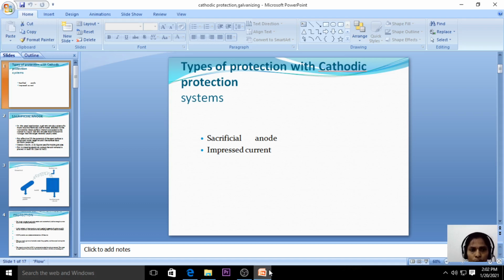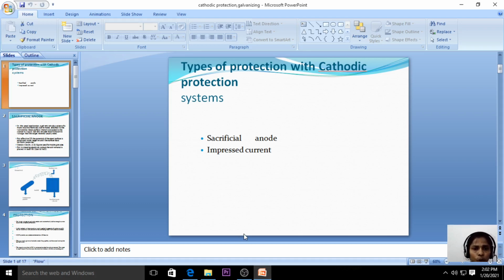So in cathodic protection, we forcibly convert the base metal into the cathode, either by coating with a cathodic metal, or by converting the anode to the cathode by applying external current. That is meant by cathodic protection, to prevent the base metal from corrosion.